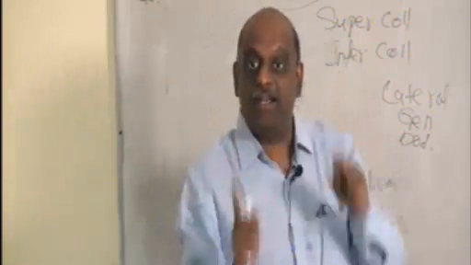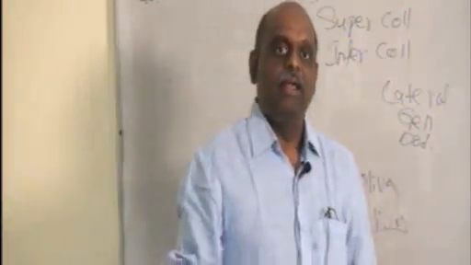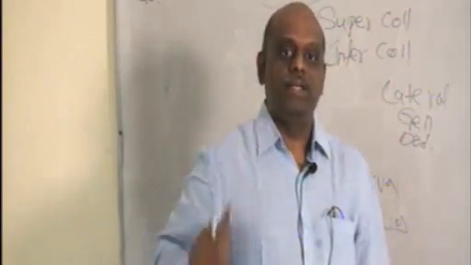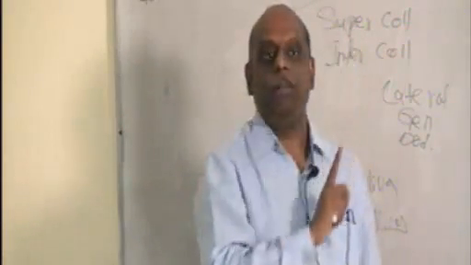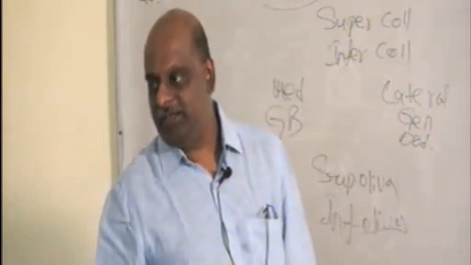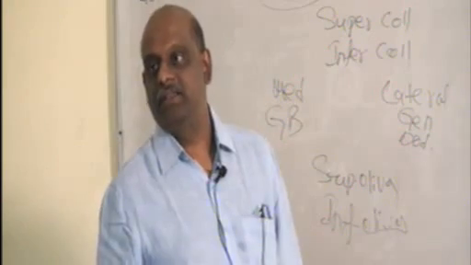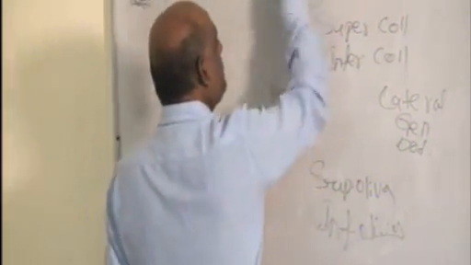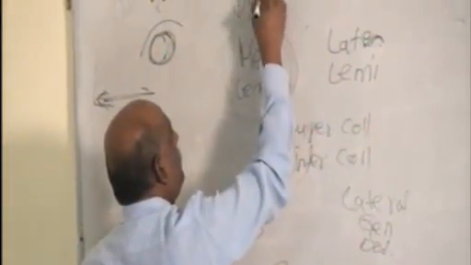So the medial lemniscus is a continuation of the dorsal columns. After decussation they continue up to the thalamus in the form of the medial lemniscus. So the medial lemniscus is the dorsal columns' continuation.